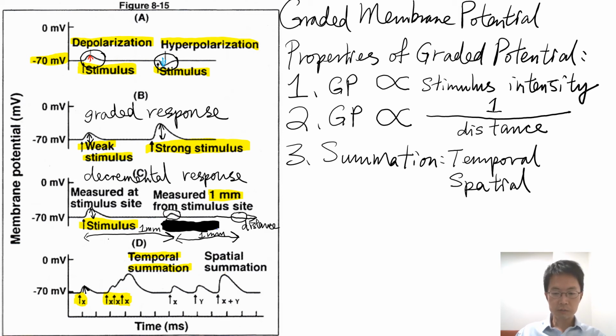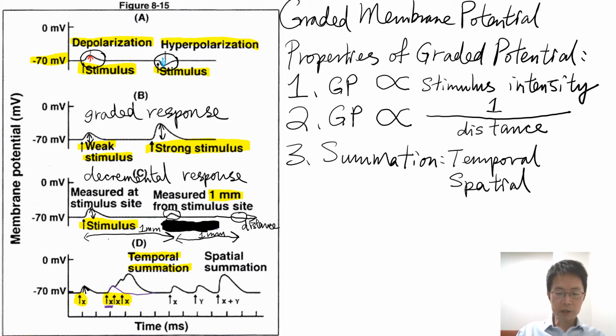The first stimulus here will give you this graded membrane potential. Originally, it should go like this.